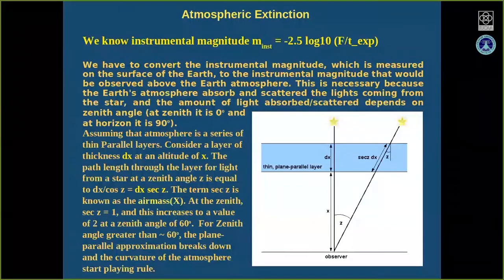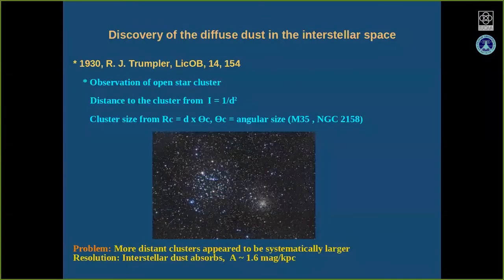Now let us see. The question is, when the light from any celestial object passes through the interstellar medium, because the size of the interstellar dust particles varies from 0.1 to 0.55 or 0.6 micron, what will happen?